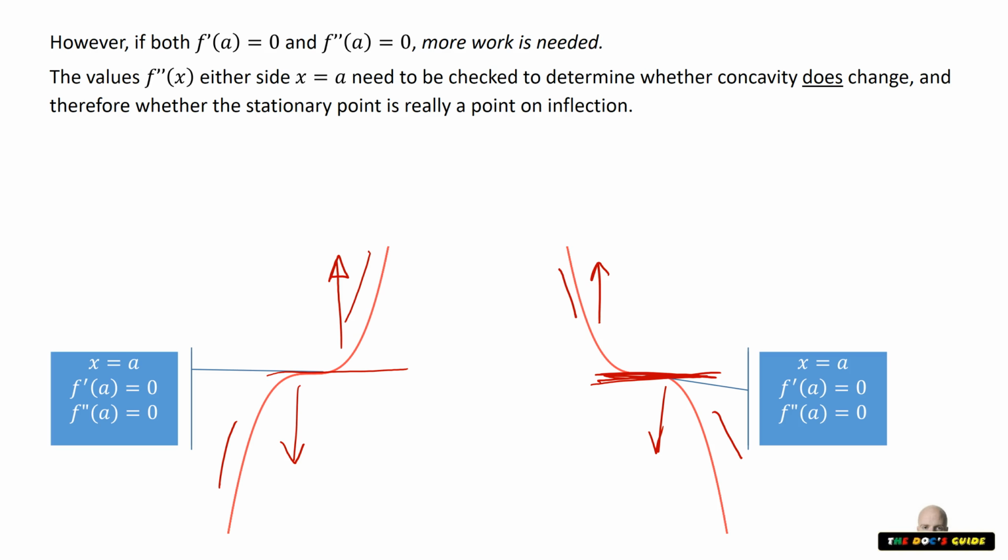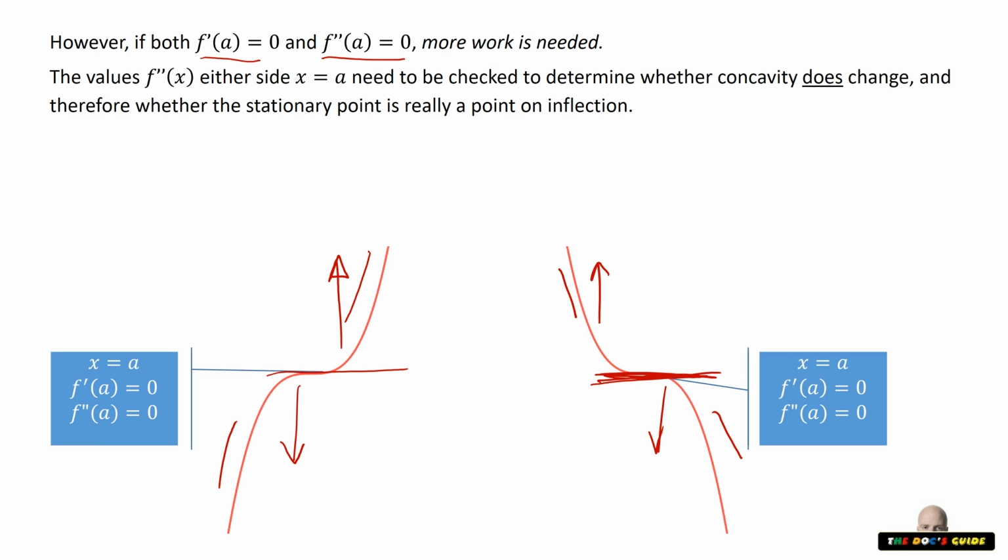So we really need to be careful about making sure that we've satisfied the conditions for a point of inflection. Because it is possible that we could get the first differential being 0 and the second differential being 0 and find that we did actually have a minimum or a maximum. Now that happens with higher powers.